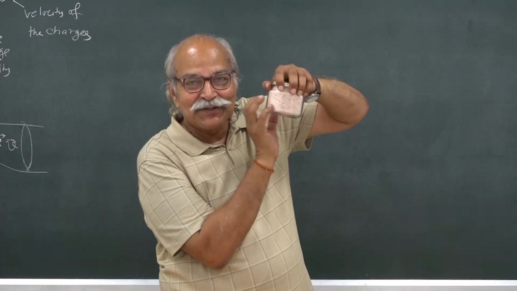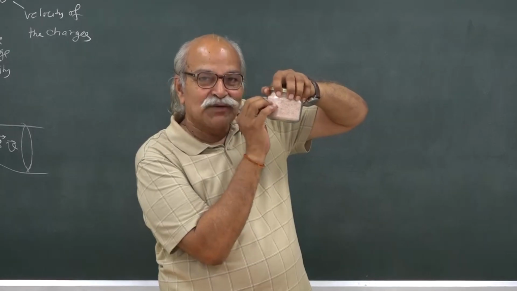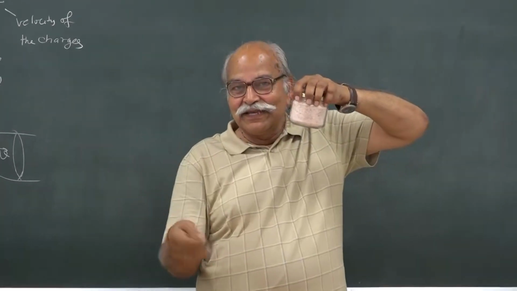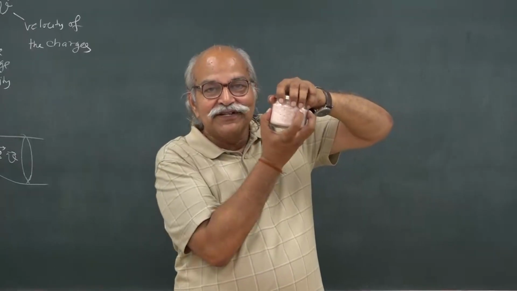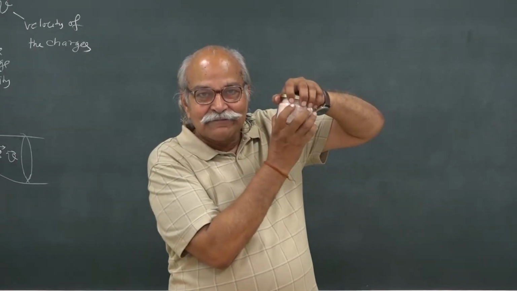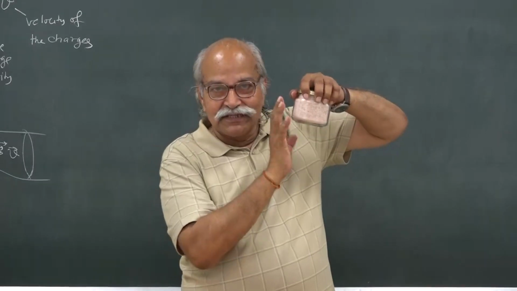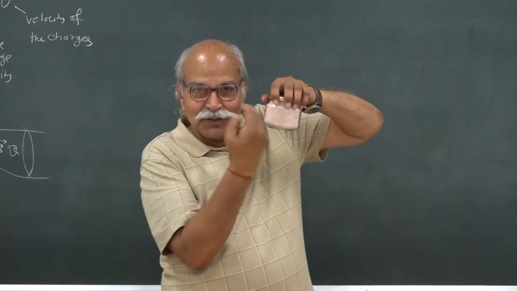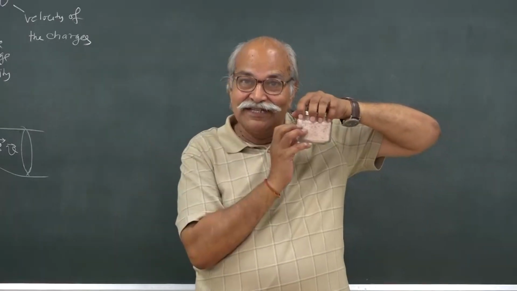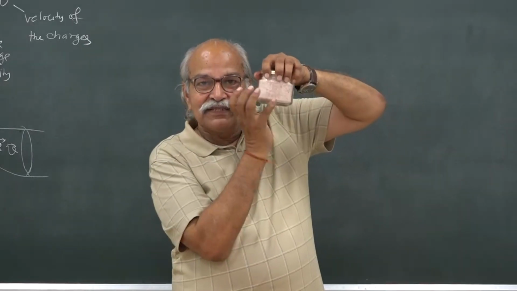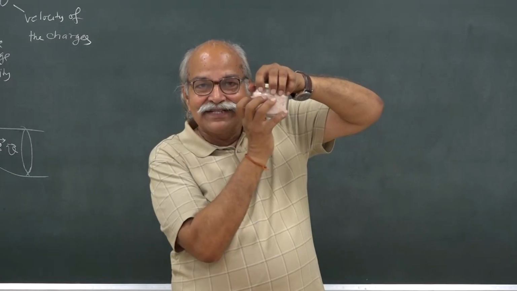All this salt which is there, each grain, suppose somehow I make them charged and then fill it. So, this whole volume is filled with the charge, and if it is all uniformly distributed, as all the salt is here uniformly distributed, and if it is also uniformly charged, then you have a uniform charge density in a cylindrical volume.